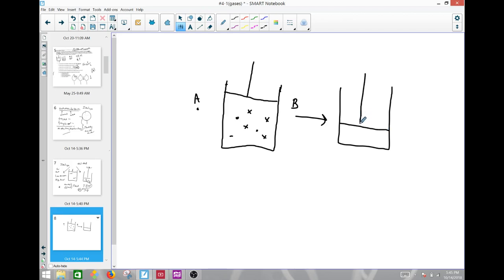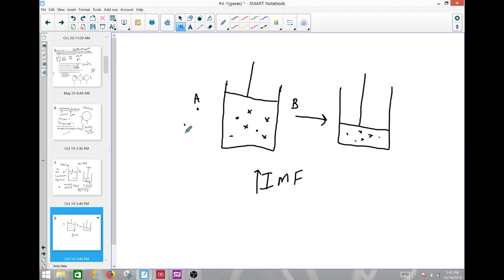So which one of these is going to liquefy first? Is it going to be A or B? Well, it's the one that has the most intermolecular forces.